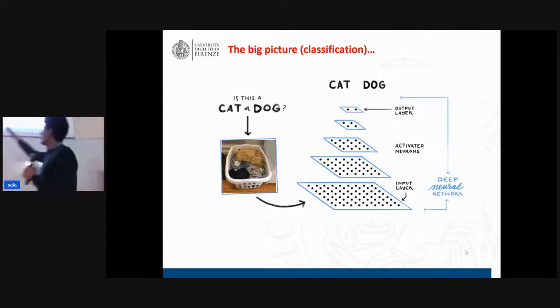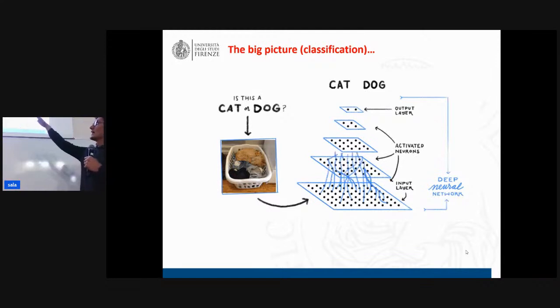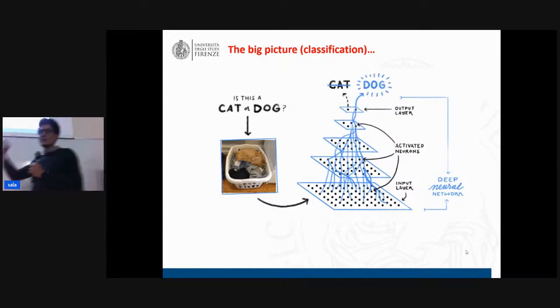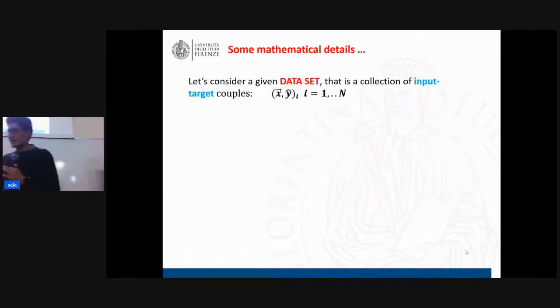So that when you send a new image of another dog that the network has never seen before, it will activate the correct neuron pathways, so the correct synaptic weights, such that at the end of the network, the neuron that corresponds to that object being a dog will fire up, and you will have your classification correct. Let's get mathematical for just one slide, I promise.